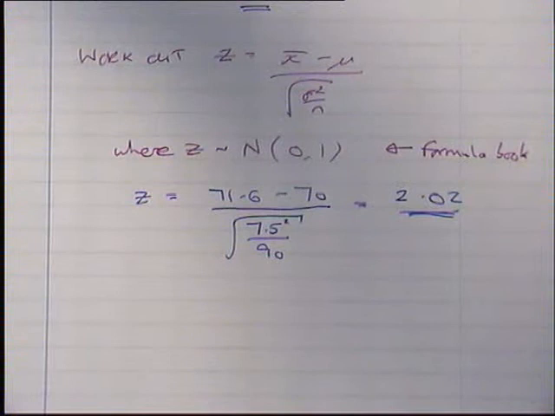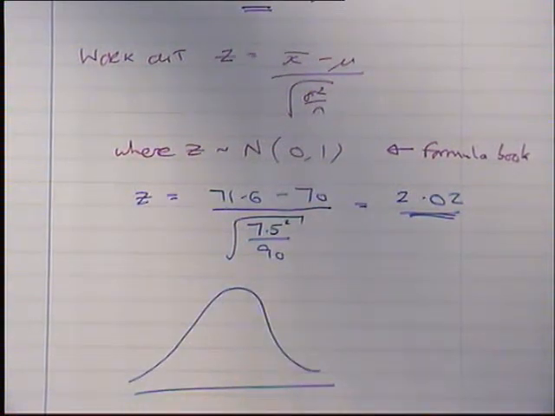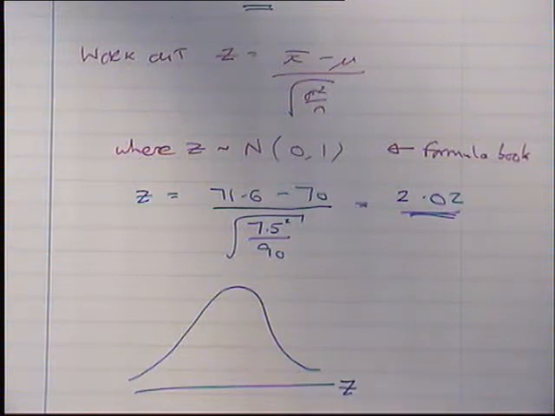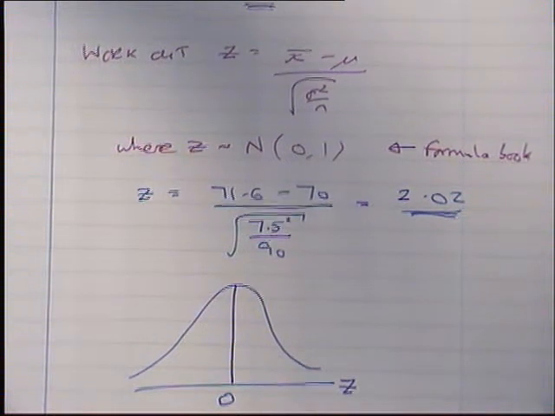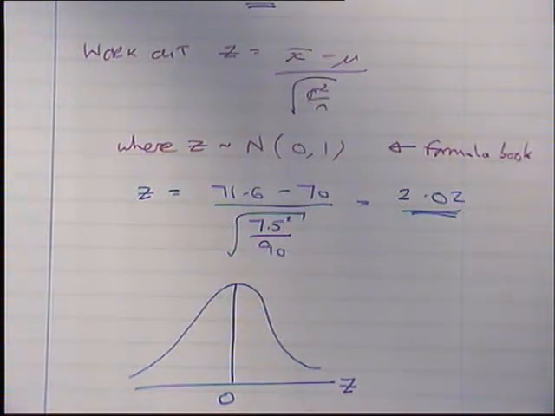Now, the whole point of this is, if I sketch a normal curve where I am looking at Z along the bottom, and I have 0 here, because the mean of the Z distribution is 0. This is a one-tailed test I'm doing now, 5% significance level, and I'm interested in, has the weight gone up?